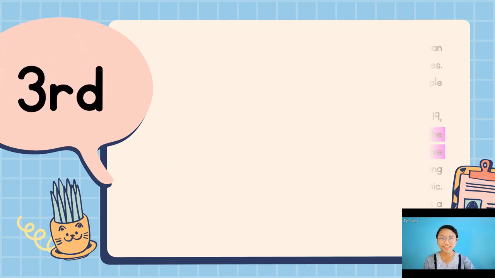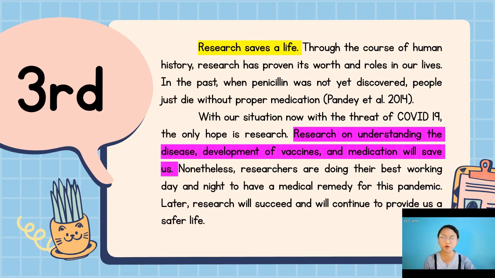Our third in the list of the importance of research is the fact that research saves lives. Through the course of human history, research has proven its worth and grows in our lives. In the past, when penicillin was not yet discovered, people just died without proper medication.